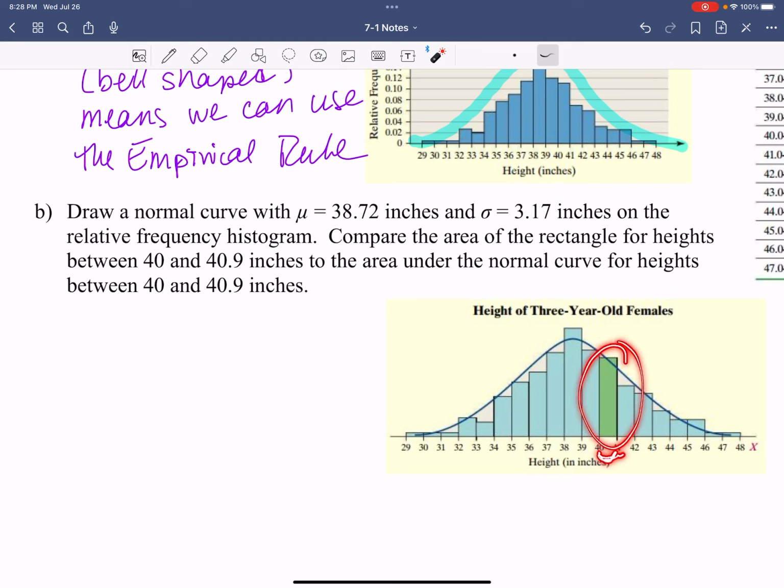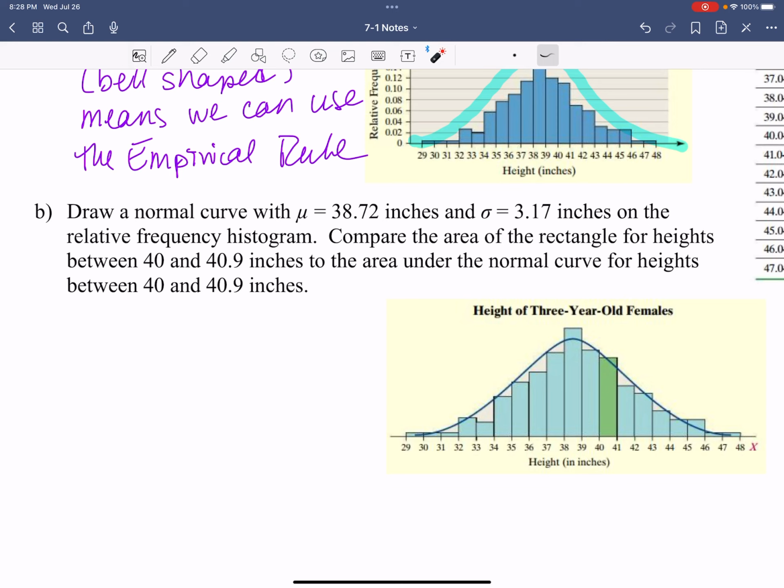It's this green one here, to the area under the normal curve. So what's the height of this piece under the normal curve versus the height of this rectangle? That's what it's saying, making that comparison.